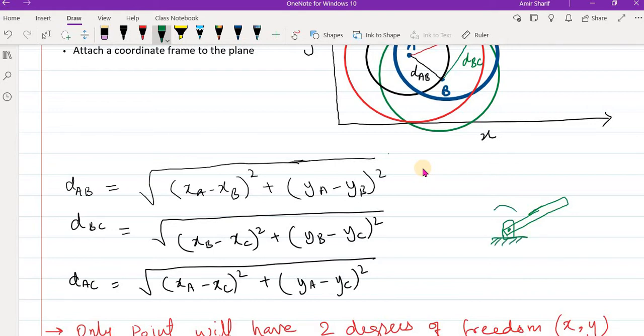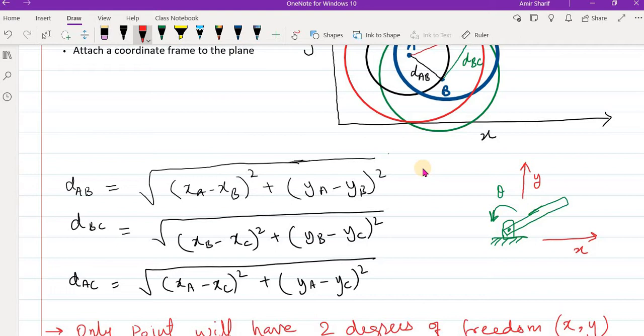So it means this link can rotate with angle theta about this joint. So it has 1 degree of freedom, but it cannot move along the y-axis and it cannot move along the x-axis, the linear motion.